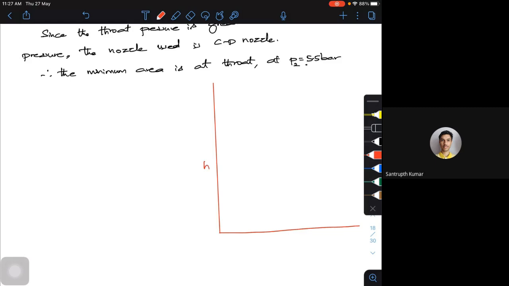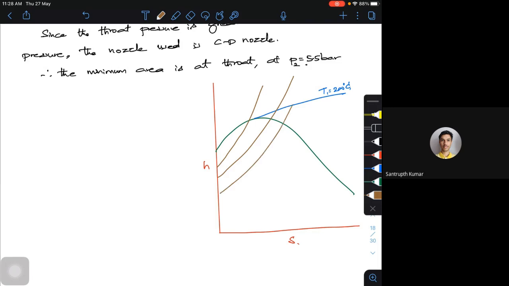This is my HS diagram, and you may have the saturation line, something like this, and there will be some constant temperature lines. Go and see the constant temperature line equal to 200 degrees Celsius. We will also have constant pressure lines going like this, diverging.